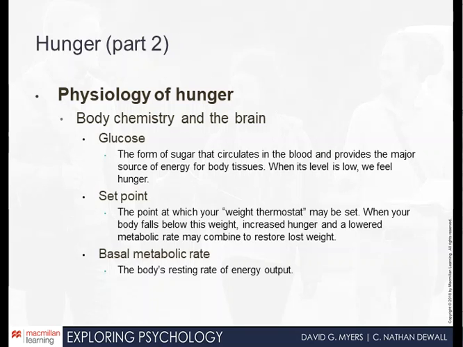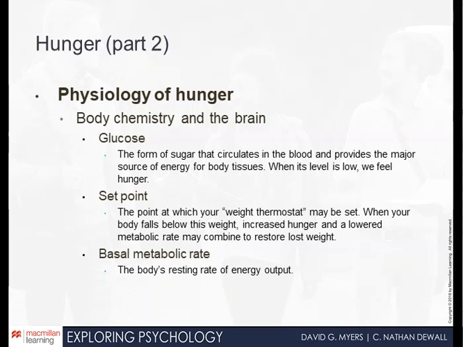That is your set point, your set weight. Your weight thermostat has been set. And then if you, for whatever reason, like a diet or some other behavior, your weight starts to change drastically, then your thermostat will try to adjust it so that it will get you back to that set point weight that has been established for you.